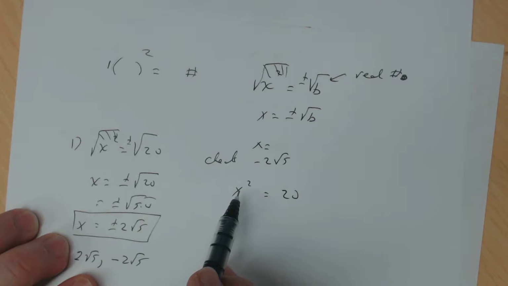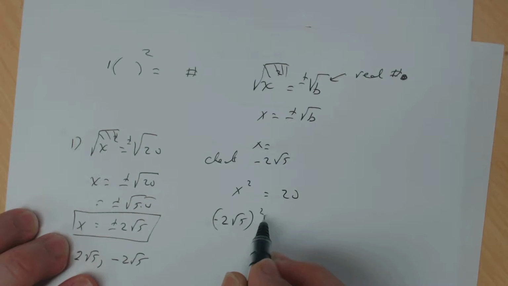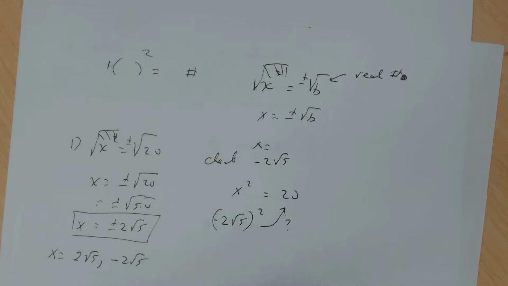That was the original equation. In place of x, I'm going to plug in this number right here, negative 2 square root of 5. And don't forget you're squaring it. You want to see if that's going to equal 20. That's your goal. Remember, you have this base being squared, so that means negative 2 square root of 5 has to be multiplied by itself. So negative 2 square root of 5 times negative 2 square root of 5.